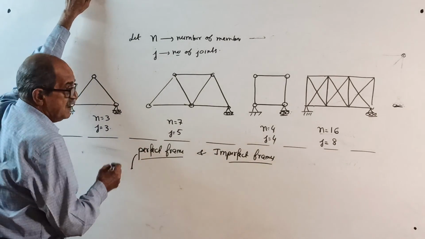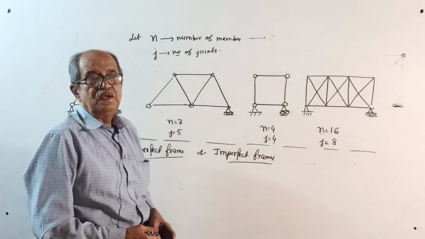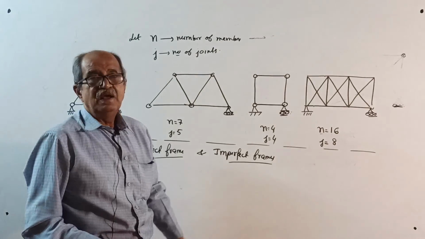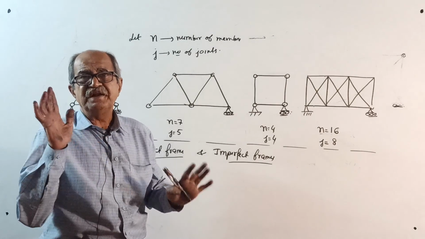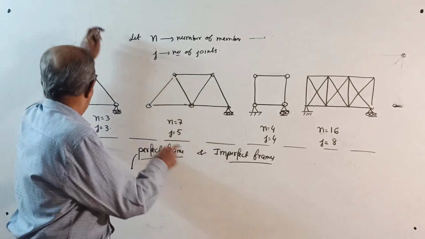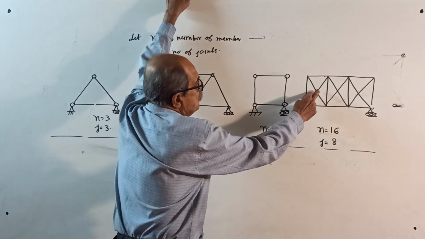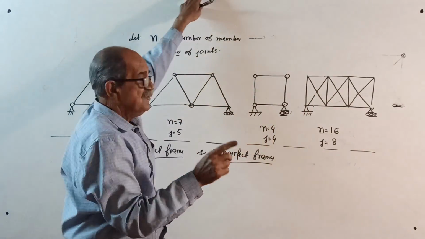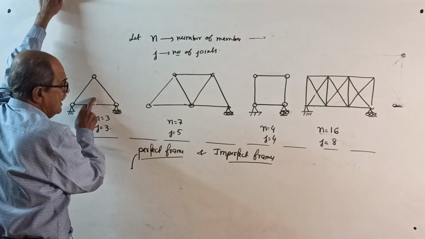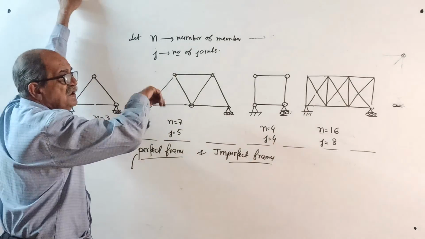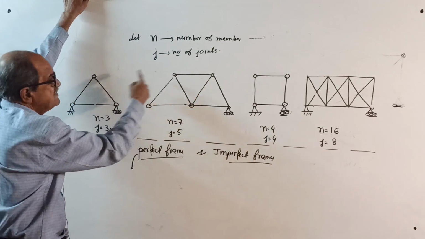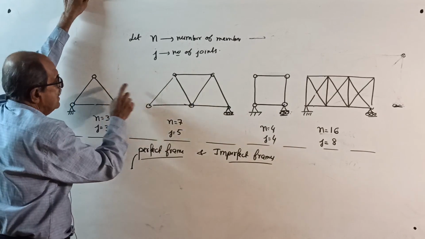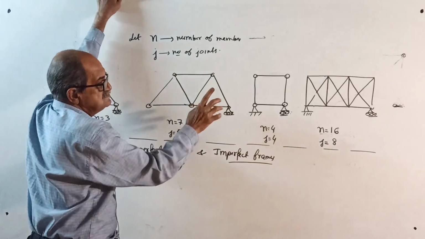Now make a note. A perfect frame consists of only basic triangles. Here there is no overlapping. Only basic triangles, either one triangle or extended: one triangle, two, three triangles.